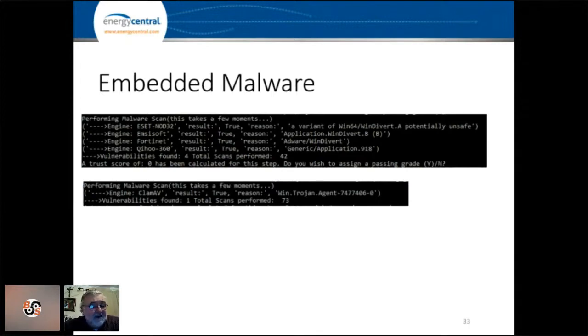And in the next blocks down, you see in some cases only one of the available engines, in this case 73 engines that examined an object, was able to identify a potential risk. So having the ensemble of virus scanning engines look at these software objects is much better than having a single virus scanner, which may or may not have the most up-to-date signatures at its disposal.